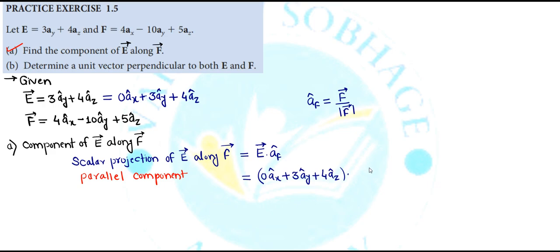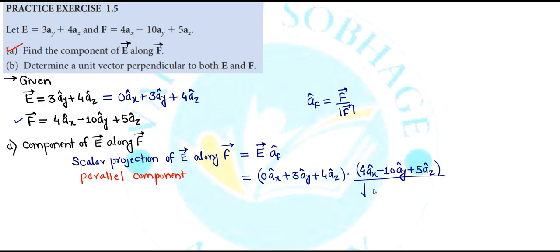Okay, so what is your given vector F that we have? We have the vector F to be 4ax minus 10ay plus 5az divided by its magnitude.